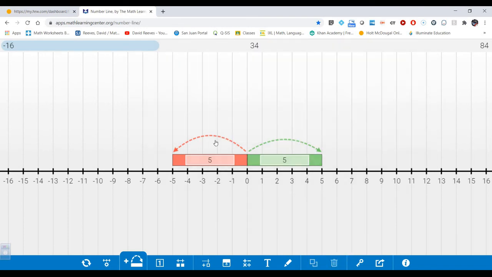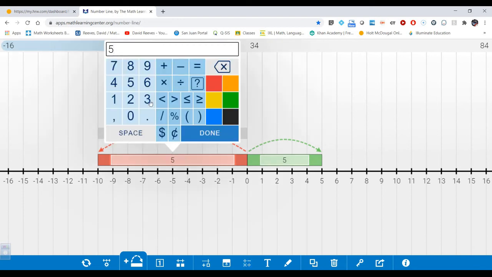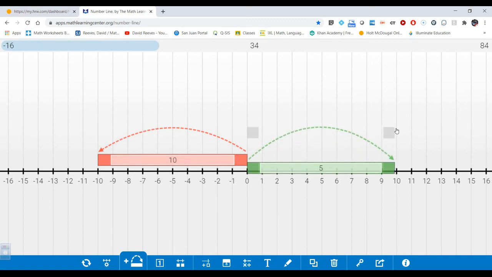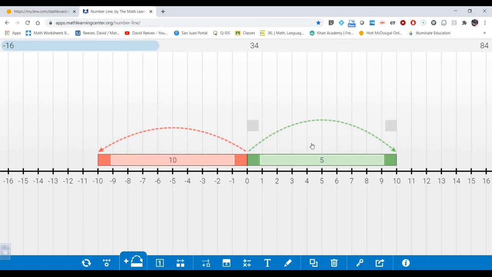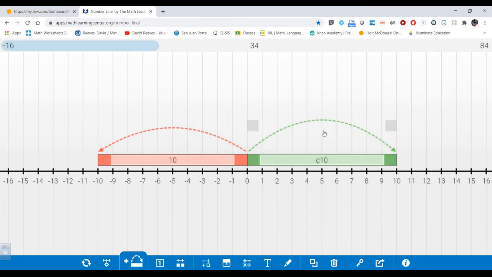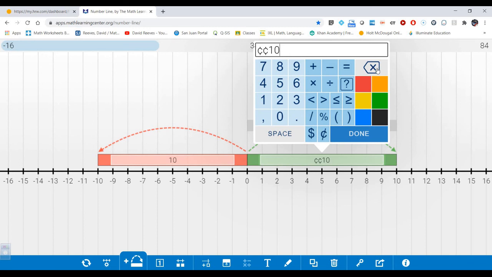All right. Now, what if I said two different numbers have an absolute value of 10? So let me grab this one here and get this lined up. All right. Two different numbers have an absolute value of 10.